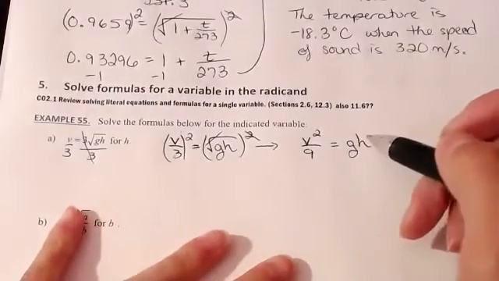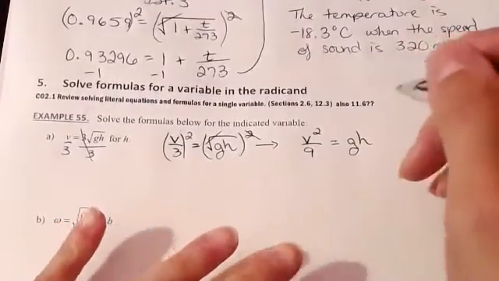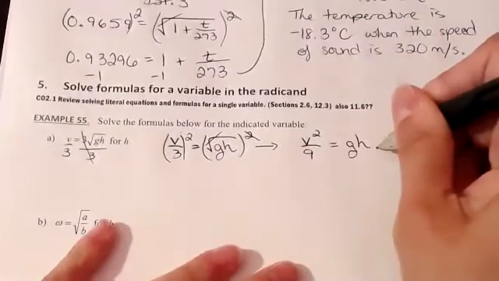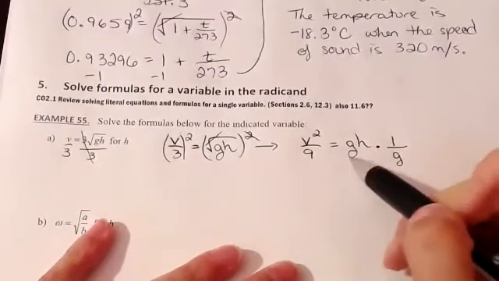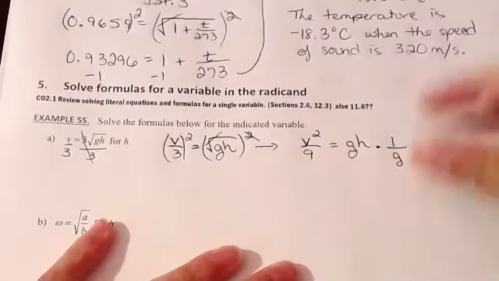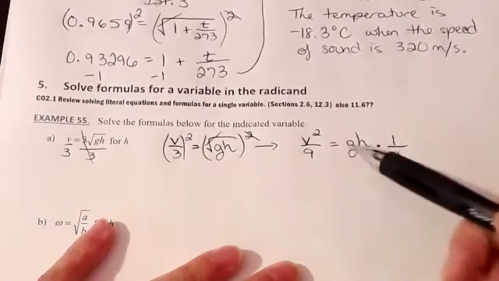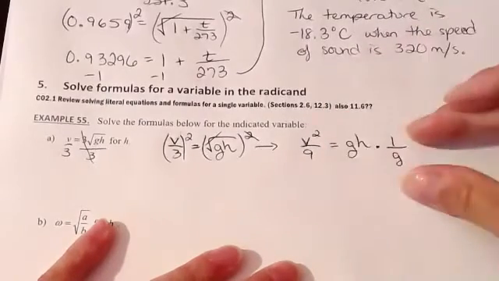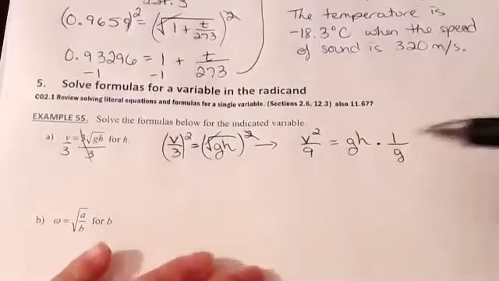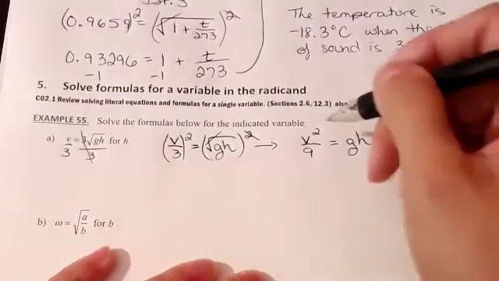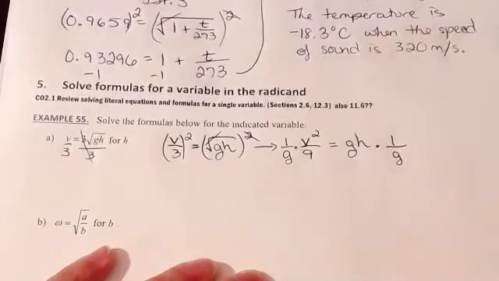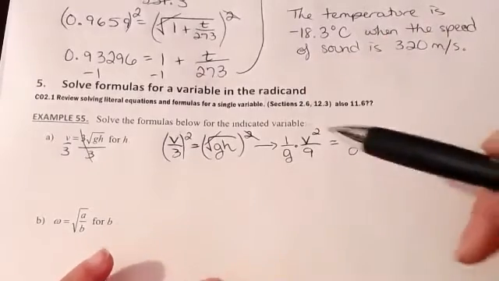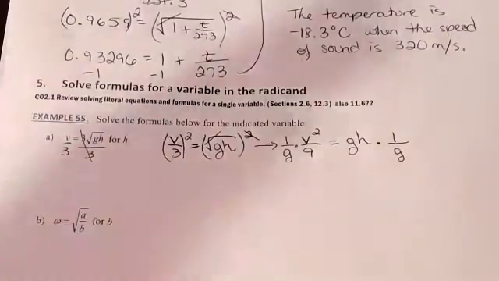If you divide by G, think of it like this. Isn't that the same as multiplying by the reciprocal, by 1 over G? Because that's like dividing by G. I just moved it to the side so that you can see it. So instead of dividing by G, that's the same as multiplying by 1 over G. The reason I decided to do this is because then I can multiply this side by 1 over G as well, so that it's not weird and you're not thinking, where do I put the G?